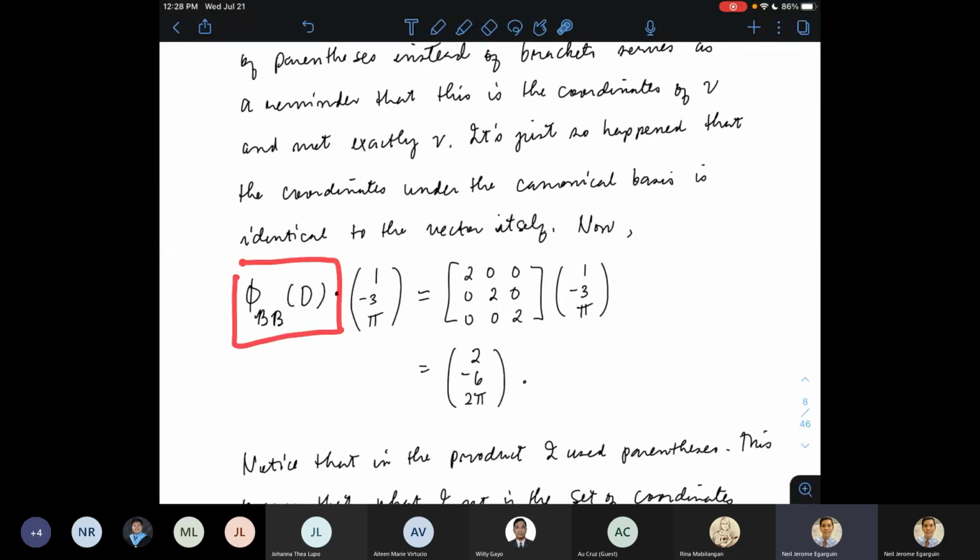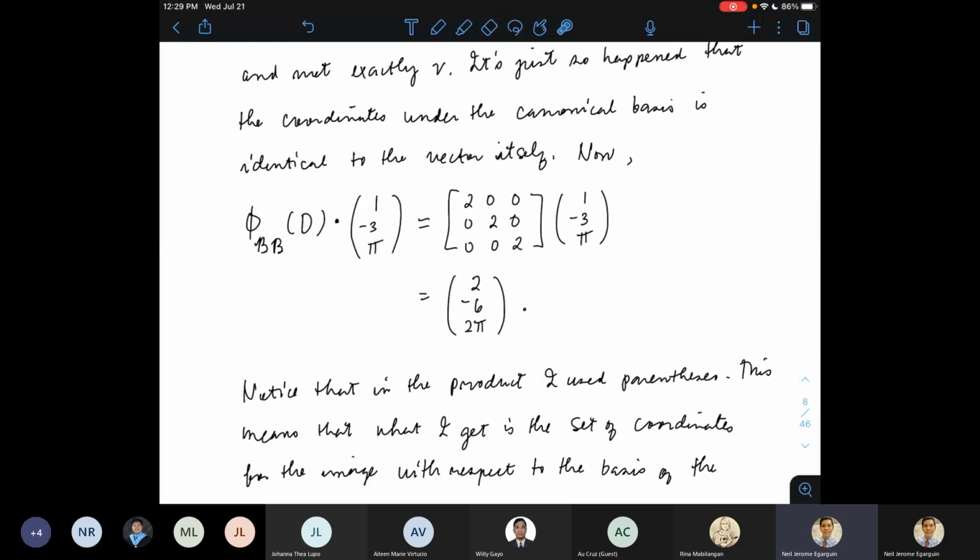I have the matrix representation, but I multiply it to the coordinates. This is what we derived before, okay? The matrix for D. And then this is the coordinates for the vector V that we're trying to evaluate the image of, right? And then if you do the usual matrix multiplication, you'll get this guy, okay?